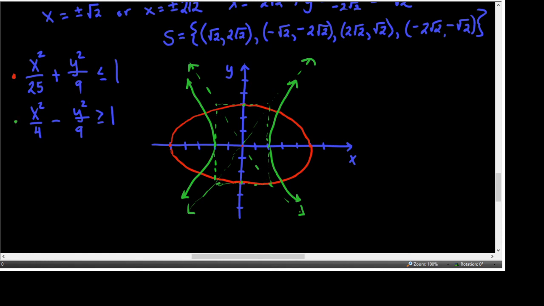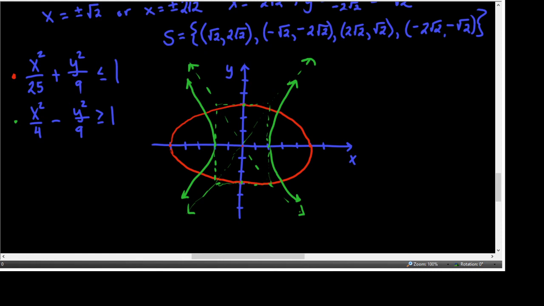Now, the set of points that make this inequality true, we're going to find all of the points that make it true. So let's start with the ellipse. That ellipse separates the plane into two regions, what's inside the ellipse versus what's outside. And so I'm going to test any point on, let's say, the inside that I want. If that makes the inequality true, then we'll be shading inside of the ellipse. If that point makes the inequality false, we'll be shading outside of the ellipse.